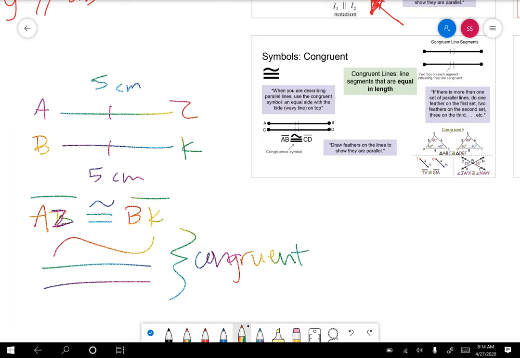Now, if there's more than one set of congruent segments on a shape or in a graph, let's say that we have that kind of shape again.